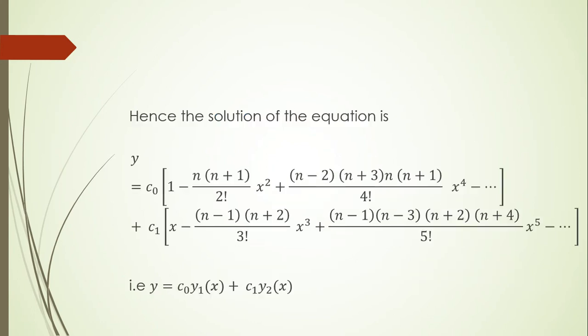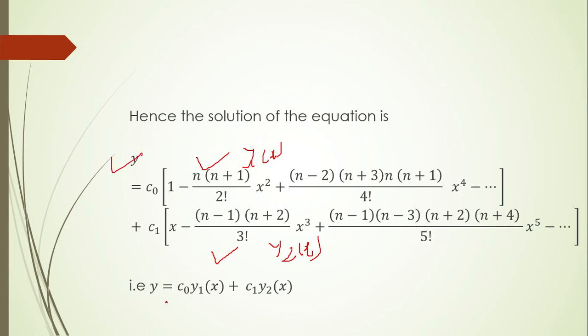In general, we can write y is equal to c0 of the even terms and c1 of the odd terms. So that is y is equal to c0 into this, we can say this is y1 of x, and c1 into this is y2 of x.